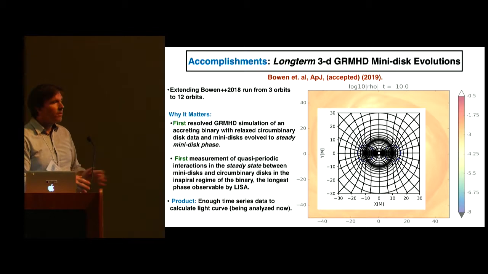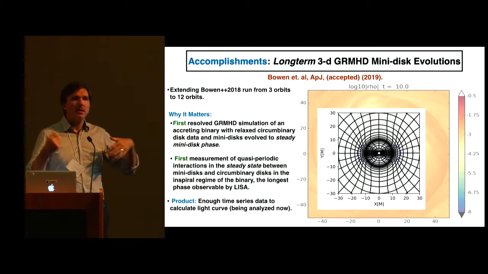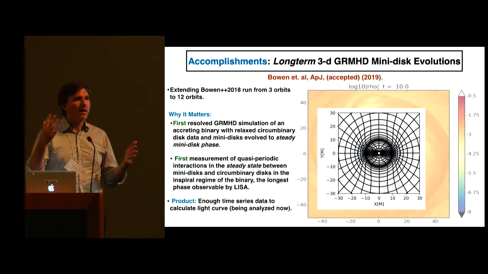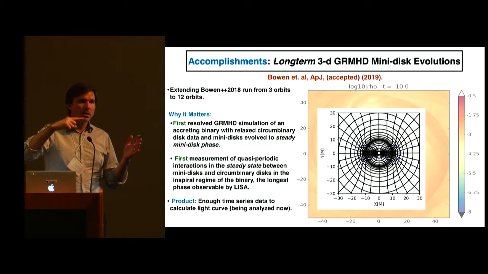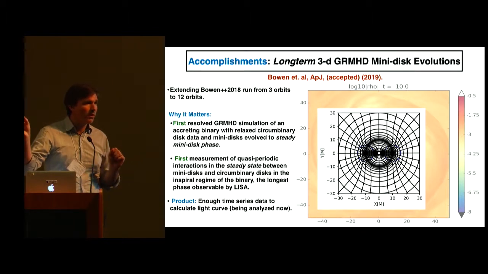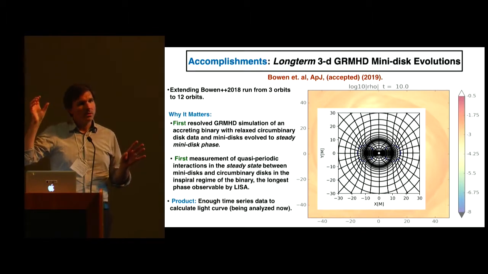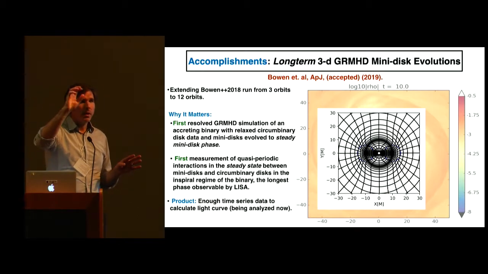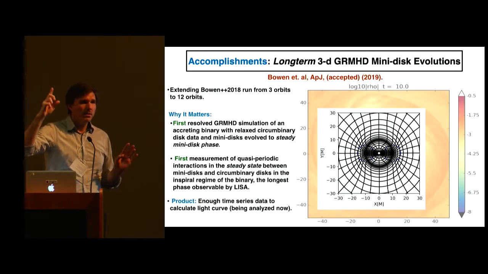However, it allowed us to study the quasi-periodic fluctuations of mass in the minidisks as the minidisks travel near the lump, or overdensity feature, in the circumbinary disk. There's this large mass reservoir that orbits at the local orbital rate of the disk about the binary and then feeds the minidisks.